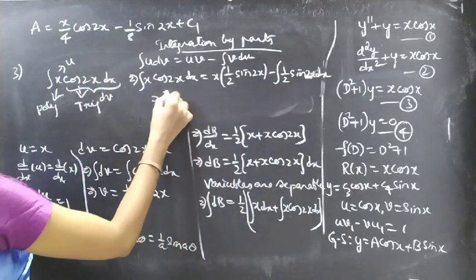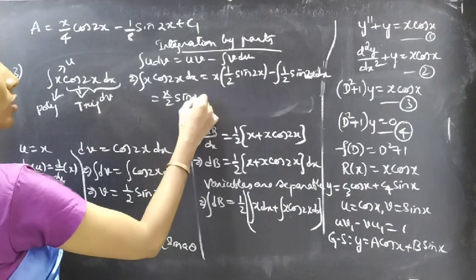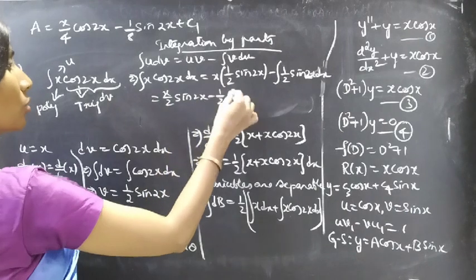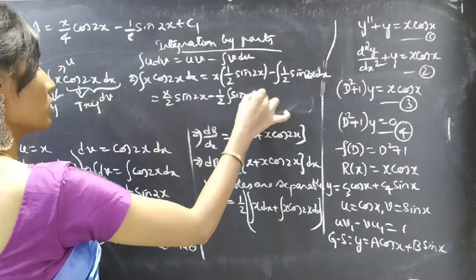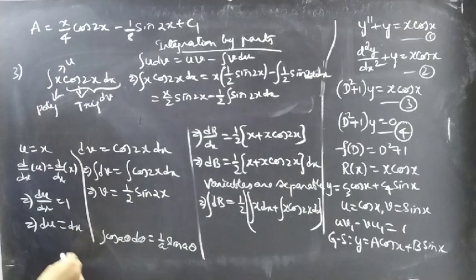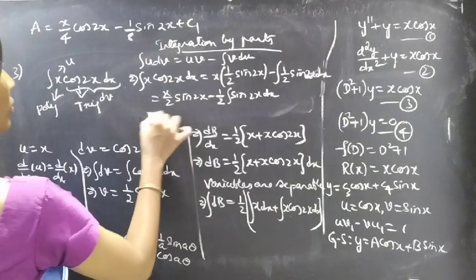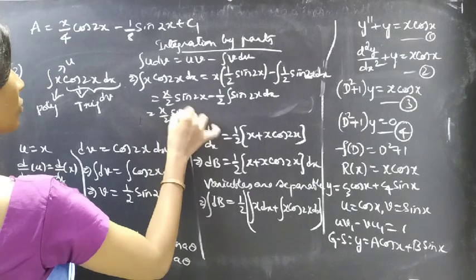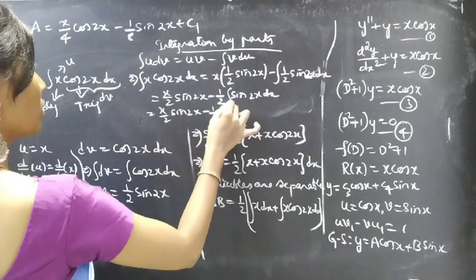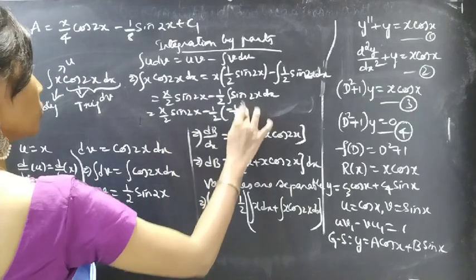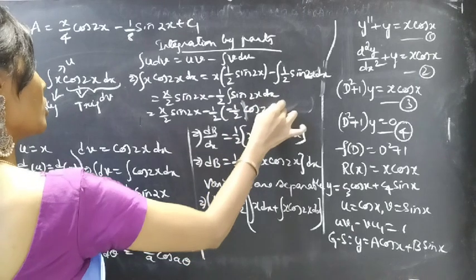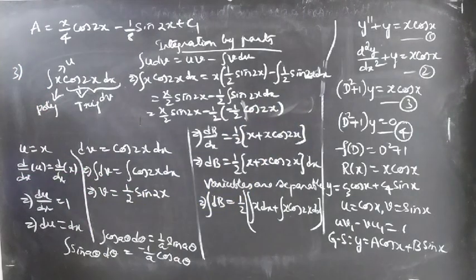This gives us x by 2 sine 2x minus 1 by 2 integral sine 2x dx. Since we know that integral sine a theta d theta equals minus 1 by a cos a theta, then for a equal to 2 and theta equal to x, we have minus 1 by 2 into cos 2x, right?